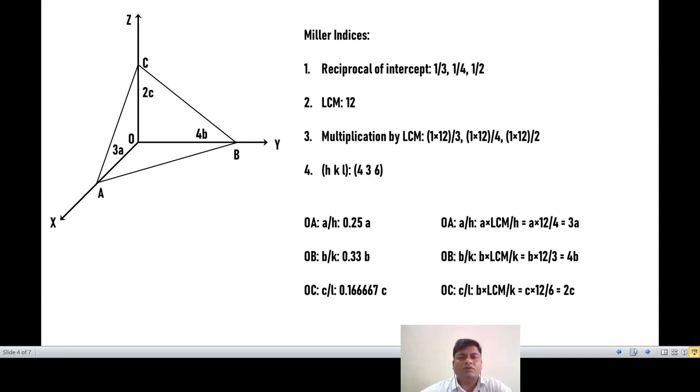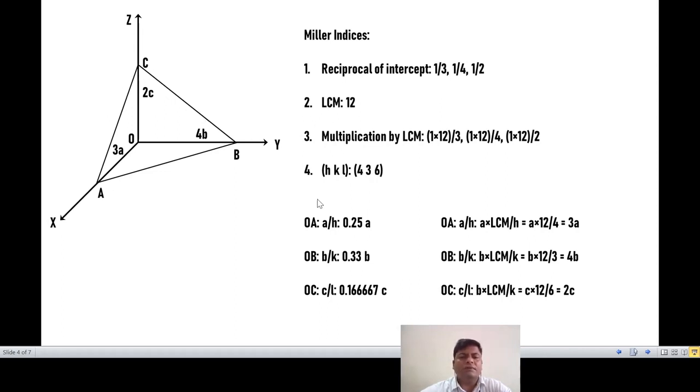Then we find the LCM, which is 12, and multiply it with these reciprocals. We get the values 4, 3, 6, and we enclose them in parentheses. So (4 3 6) together represent this plane ABC.